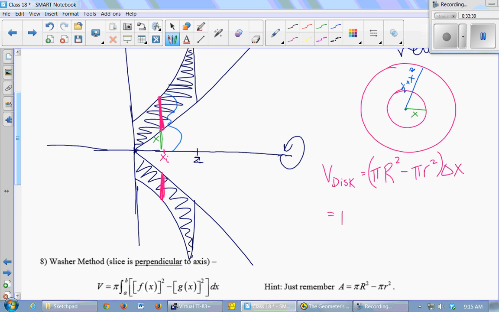Okay, so I have pi times my outer radius, (1/2 plus x squared) squared, minus pi times my inner radius, x squared, and all that times delta x. Volume of one cross-section disk. Then I need to add these all up.